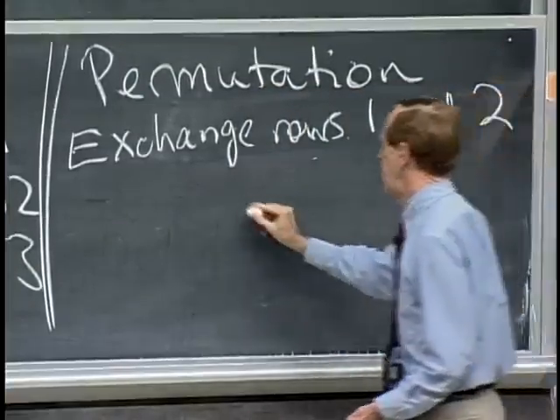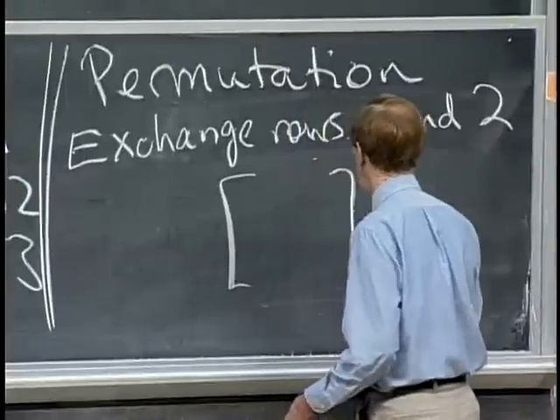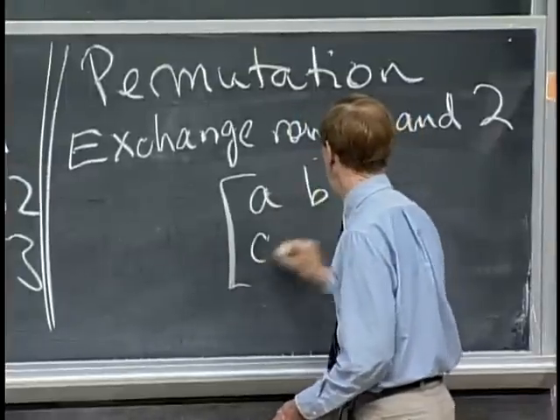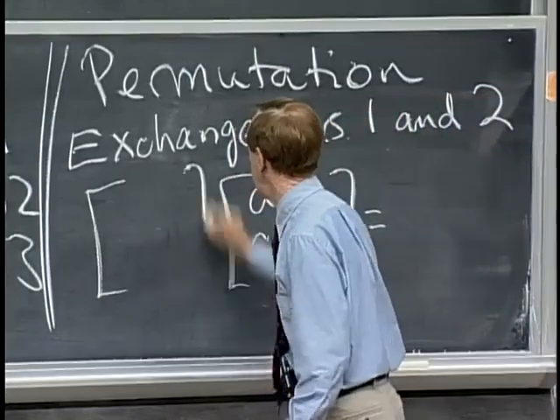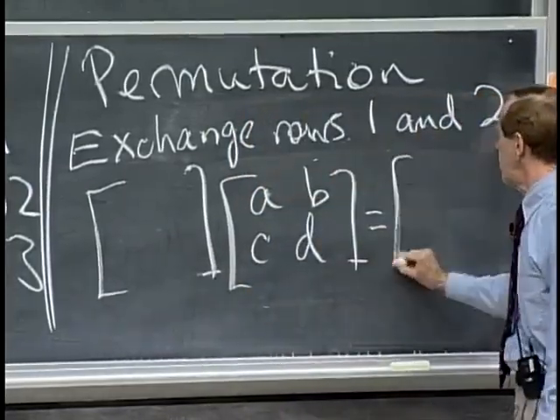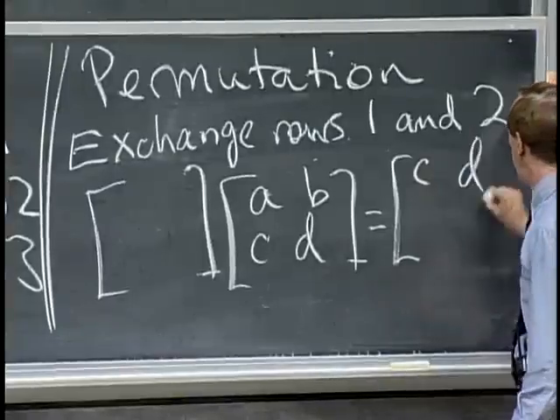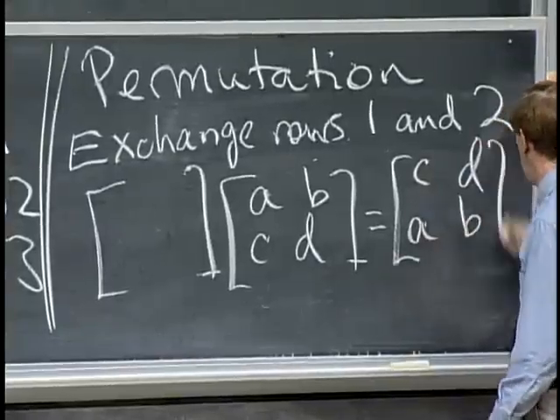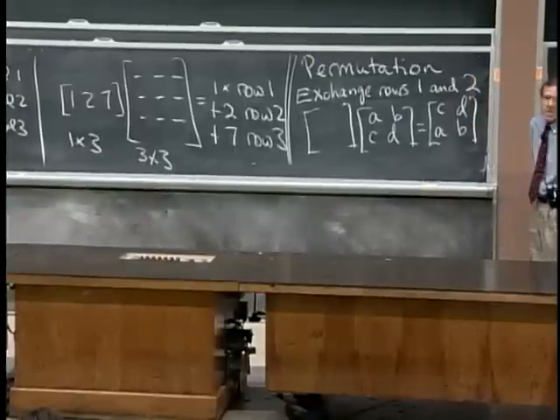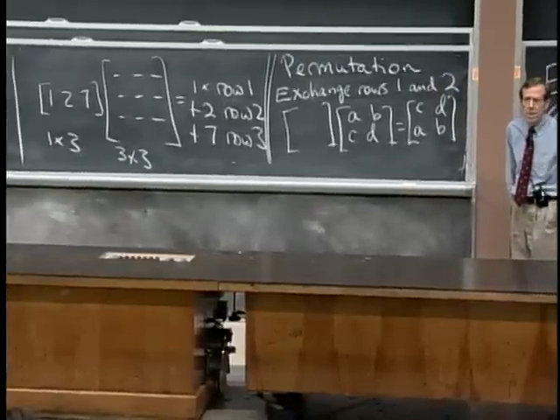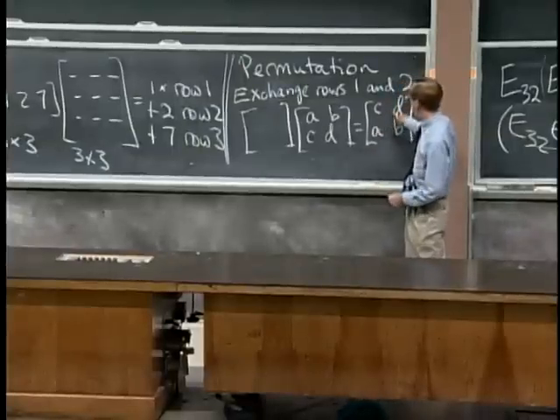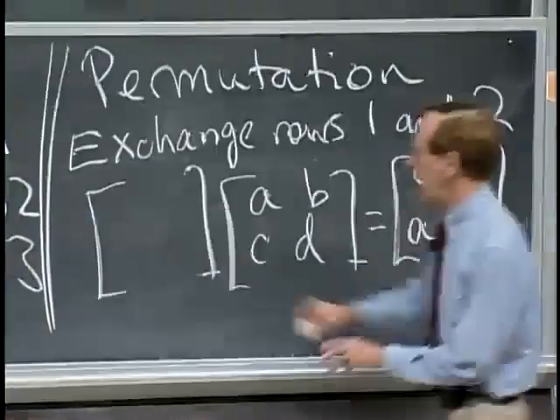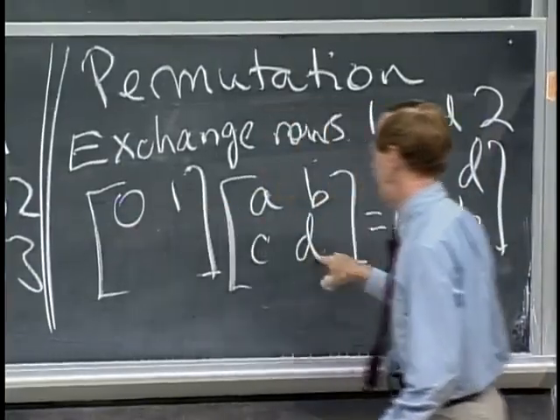So if I had my matrix, let me just do 2 by 2, A, B, C, D. Suppose I want to find the matrix that exchanges those rows. What is it? The row I want is CD, and it's there. So I better take one of it.